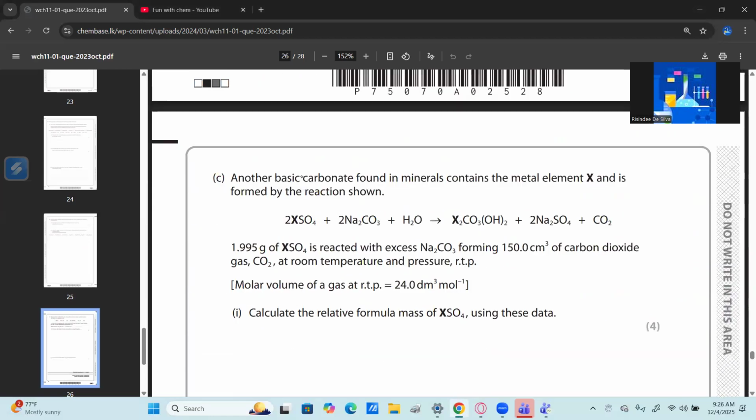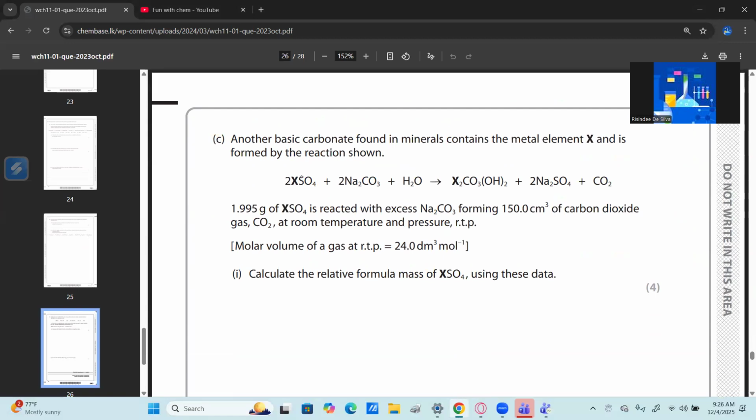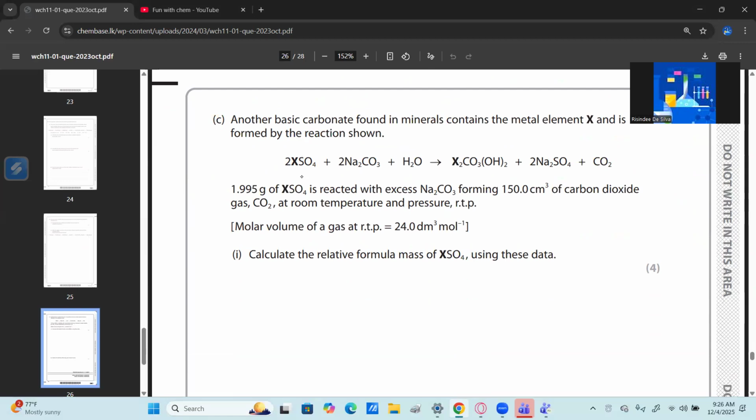Then the last question. Another basic carbonate found in minerals contains the metal element X and is formed by the reaction shown. 1.995 g of XSO4 is reacted with sodium carbonate forming 150 cm3 of carbon dioxide. We have to find the relative formula mass.